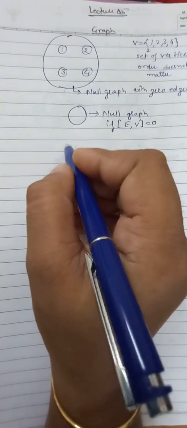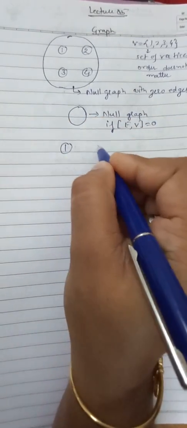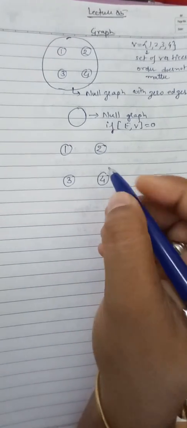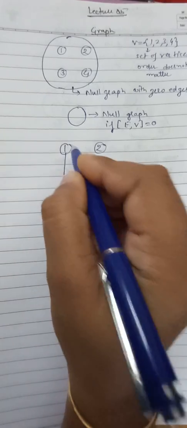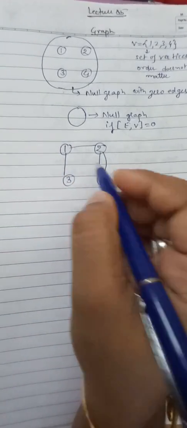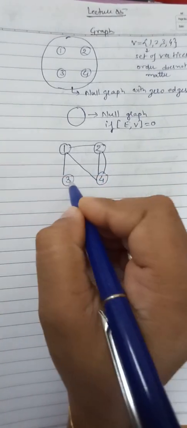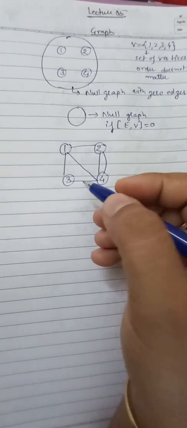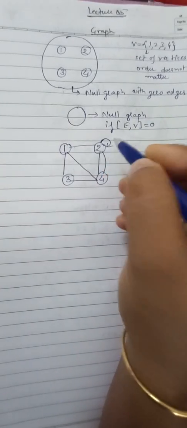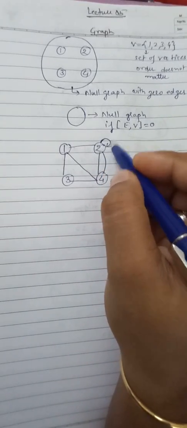And suppose we have this kind of graph: 1, 2, 3, 4. So what do we call it? This is called a self loop.